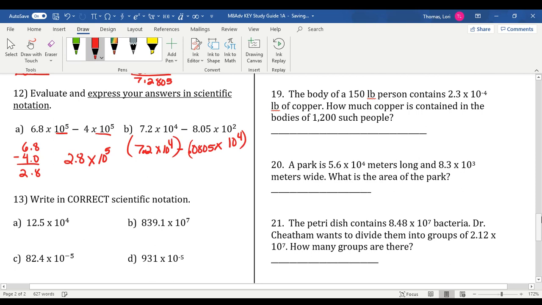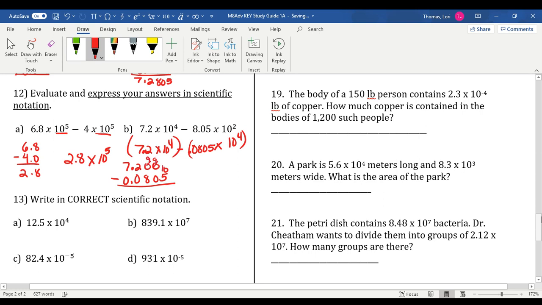And it would really help if we put those in parentheses. So we have 7.200, and we're going to subtract 0.0805. So we're going to borrow all the way across. And so this is going to become a 10.